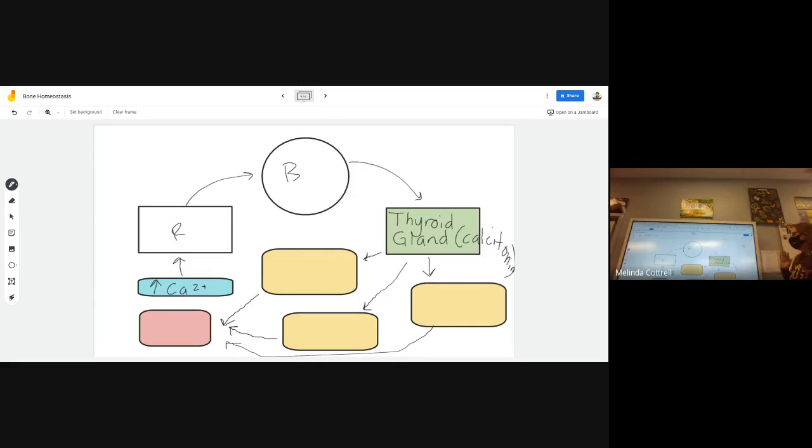Okay, so we're going to do the same three responses. We talked about bones, kidneys, and intestines. And so you might be able to predict what's going to happen with these. So let's start with the bone.